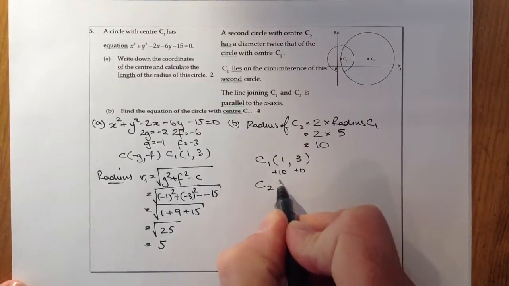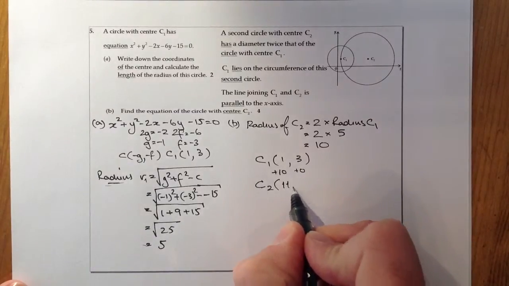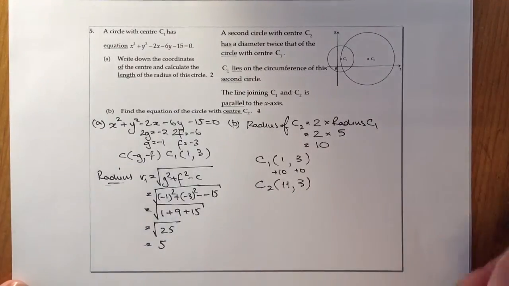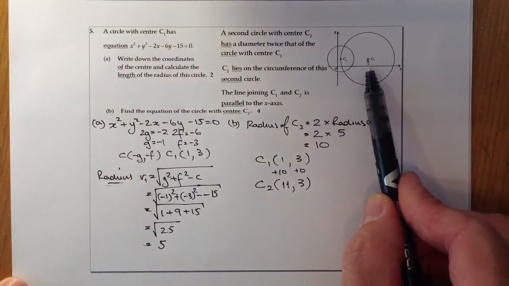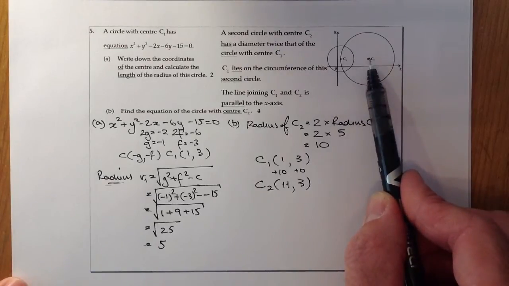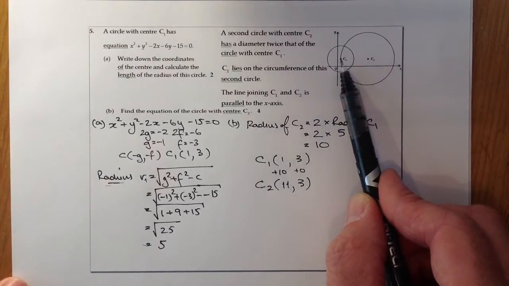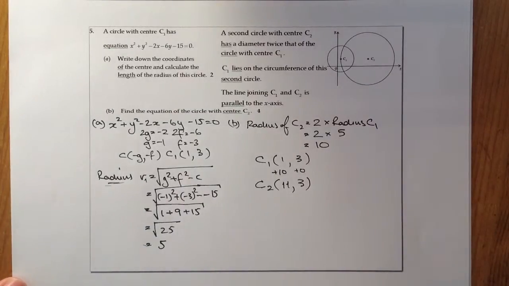So my centre for the second circle is going to be (11, 3). All I've done is add 10 onto the x-coordinate of the centre of C1 to find the centre of C2, since the distance between the two is 10.